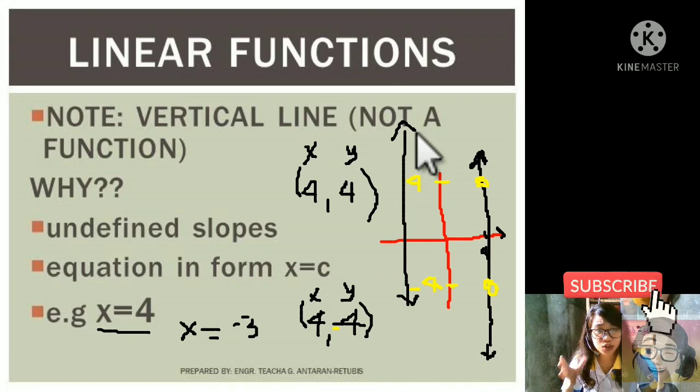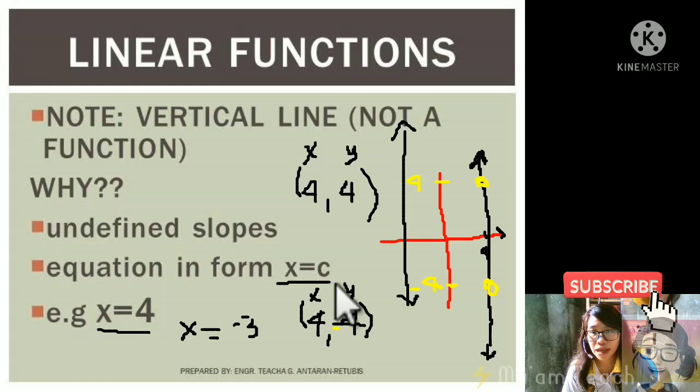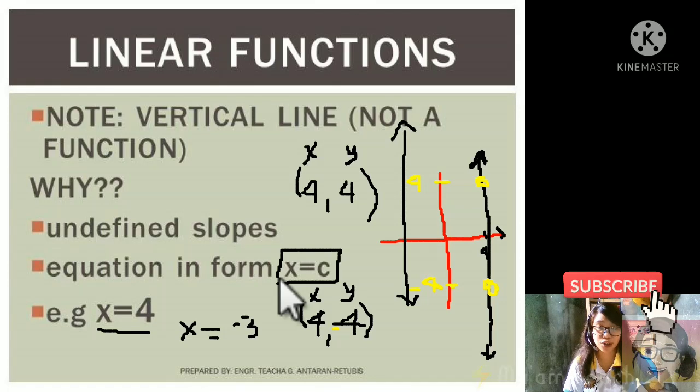If the answer is no, then it is not a function. Okay? So always remember that if the equation occurs in the form x equals c, then we cannot consider it as a linear function. Okay? So all vertical lines are not a function.